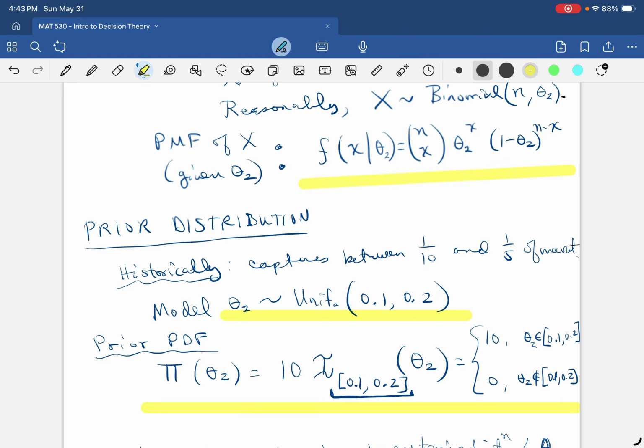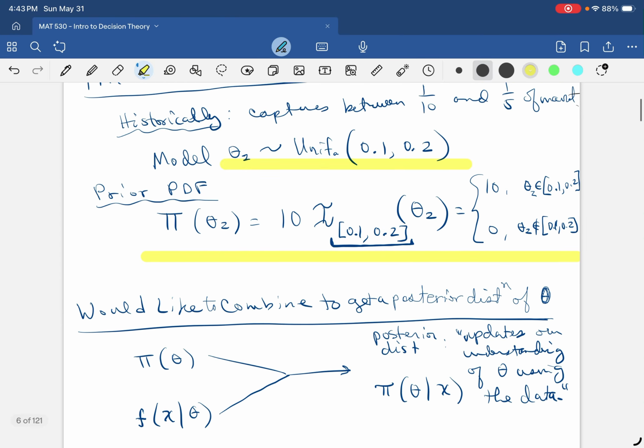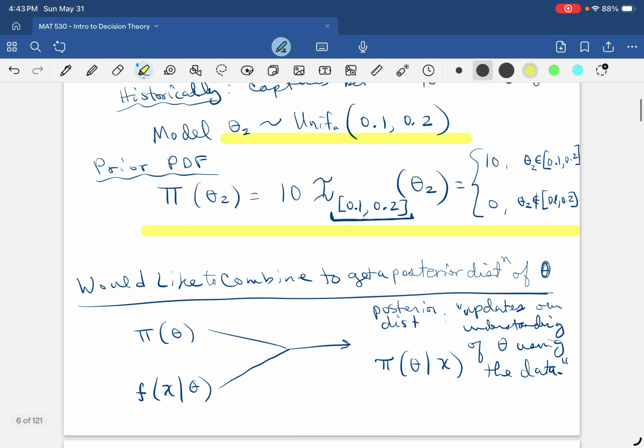So now we want to combine all this information together. We would like to take our prior distribution together with the distribution of the data based on our sample that we referred to earlier, and put those two together and get an updated understanding of the distribution of theta.